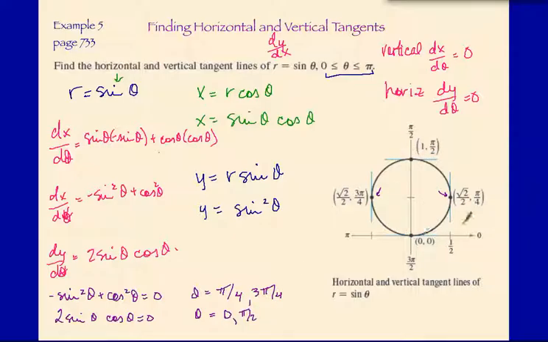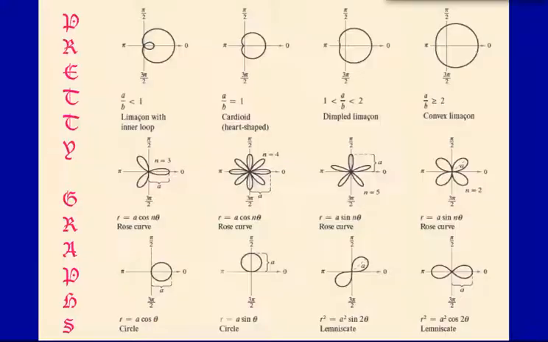So from using these tangents, or these slopes, if you need to write an equation of a tangent line, you could. Now, this is a long video and I'm trying to rush through to get to the end. Notice here that I have pretty graphs. These are some important polar curves that show up. We have limacons, one with an inner loop, a heart shape, which is a cardioid, a dimpled limacon, and a convex one, just barely having a little convex region there.